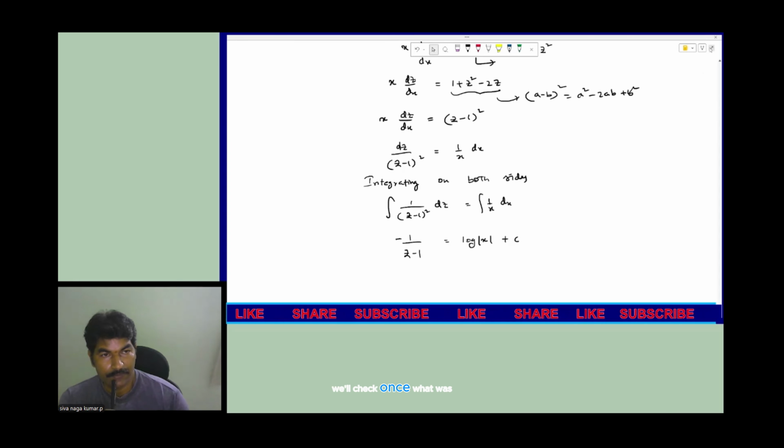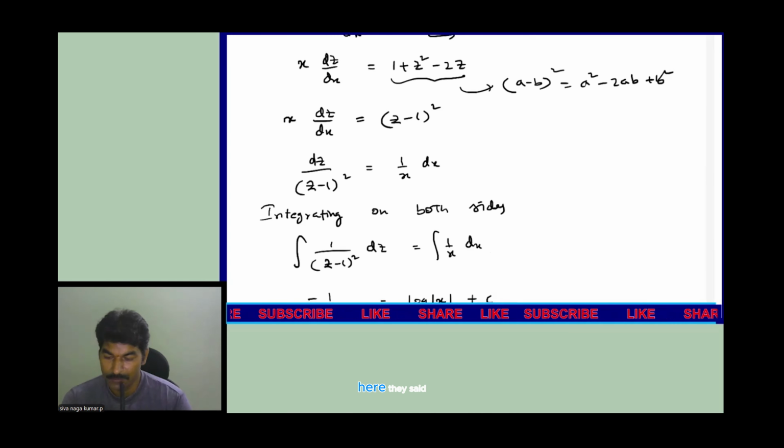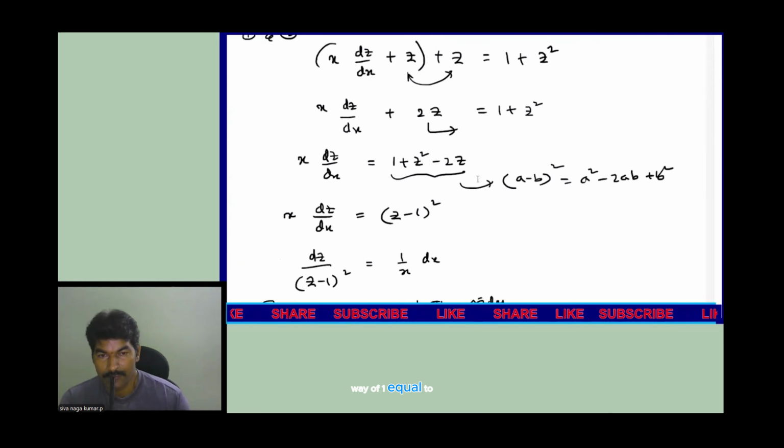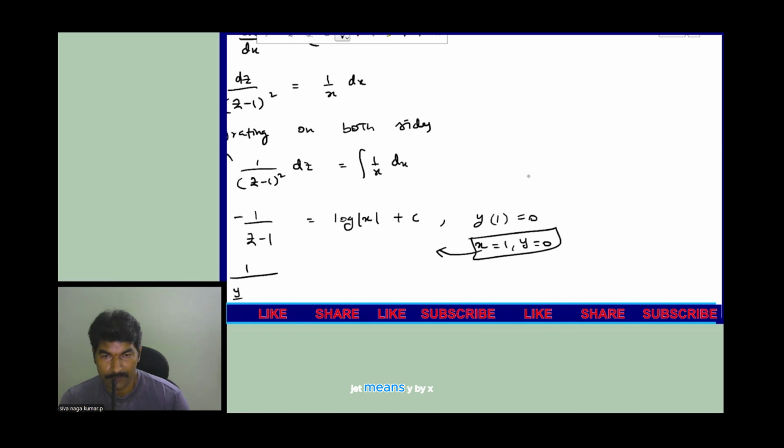We'll check once what was given. Here they said y of 1 equal to 0. That means x value 1 and y value 0. Here we need to convert this z as y by x. So minus 1 by y by x minus 1 equal to log mod x plus c.